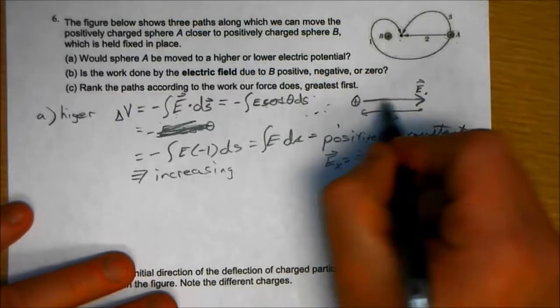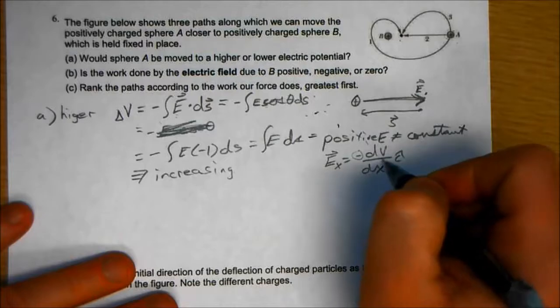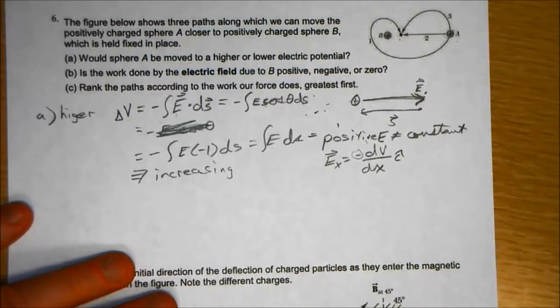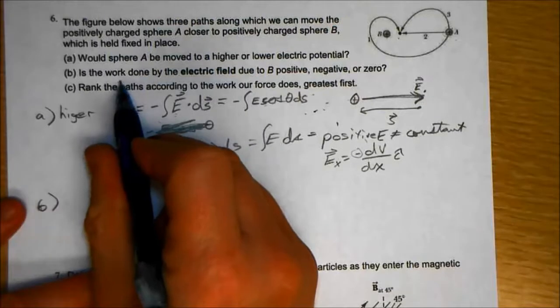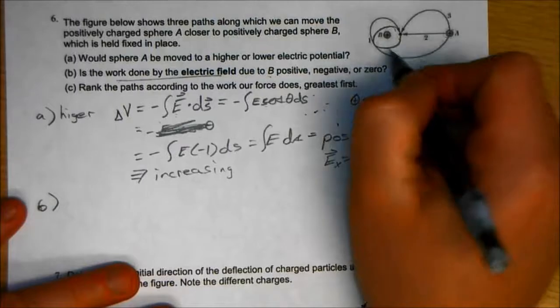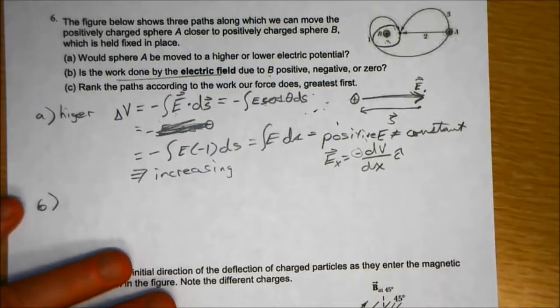So we know the field points this direction, away from the positive charge, so the potential must increase in the opposite direction. So part B says, is the work done by the electric field due to B positive, negative, or 0?